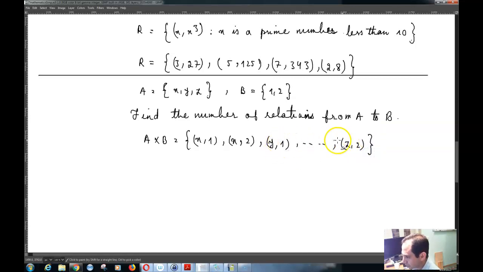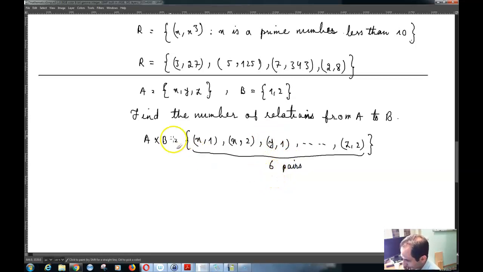These are all the members of this set A times B. Now the number of all of these elements is going to be 3 times 2, which is equal to 6. 6 pairs.